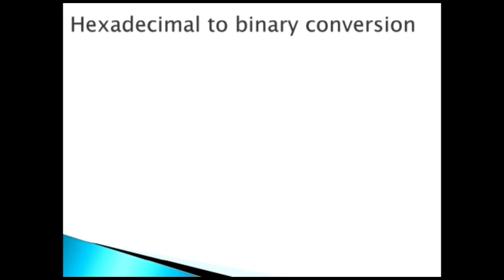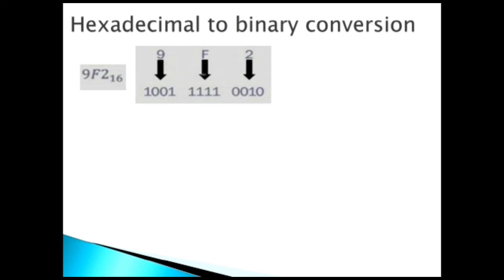Now let us see hexadecimal to binary conversion. In this case, let the example be 9F2. Now we will write the set of 4 digits in the case of hexadecimal, like 2 is 10. So we have added 2 zeros in the case of 2 to complete the set of 4 digits.